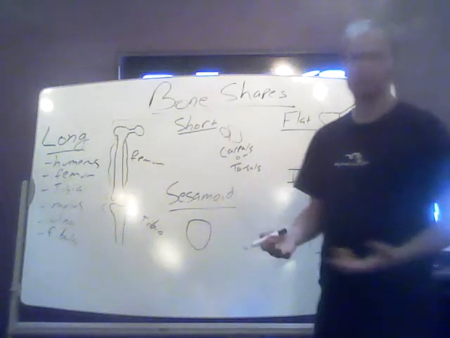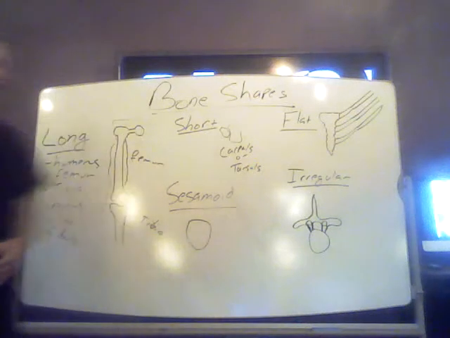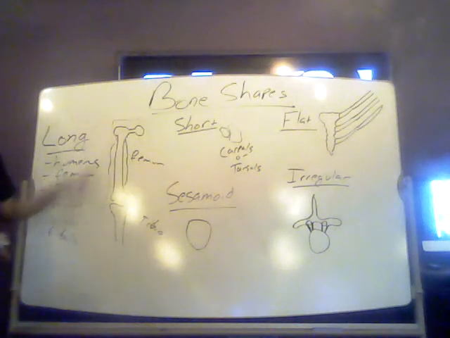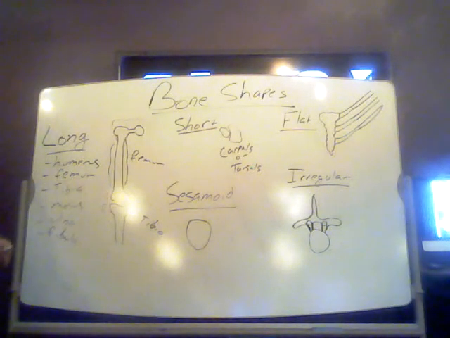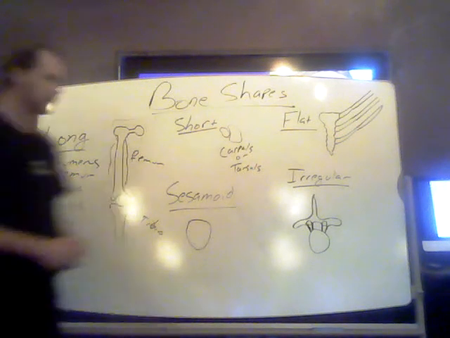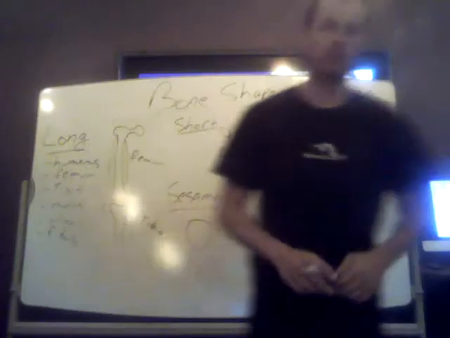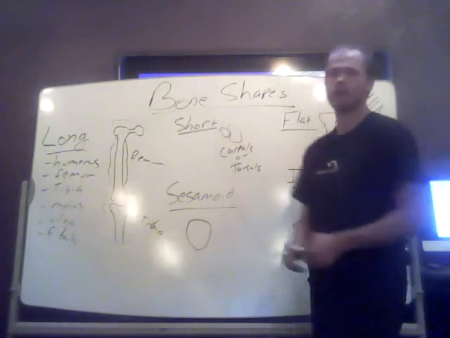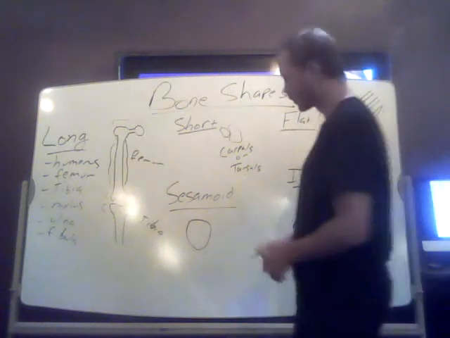A lot of movement comes from these bones, because where these bones come together they form articulations, joints, and we have a lot of diverse muscle groups around these various long bones. Like I said, we use these for mobility, to get us from point A to point B or to play a sport or whatever it may be. So those are long bones.